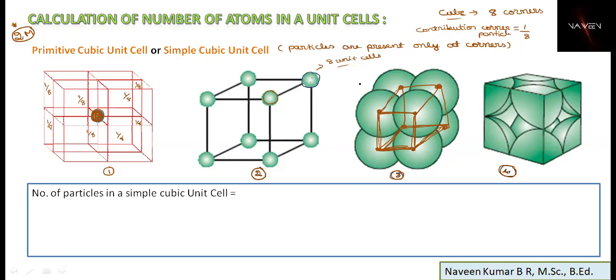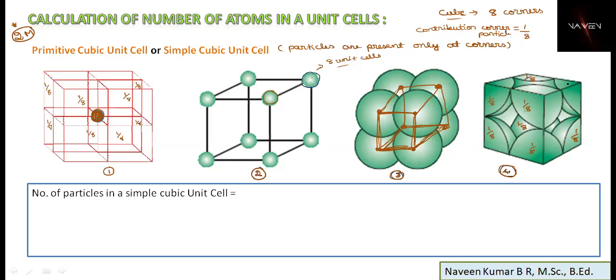Now if adjacent unit cells are placed for this particular 8, this is how it actually looks. You can observe it in the 4th structure. So 1 by 8 portion of each particle belongs to this unit cell. 1 by 8, 1 by 8, 1 by 8 portion is present here.